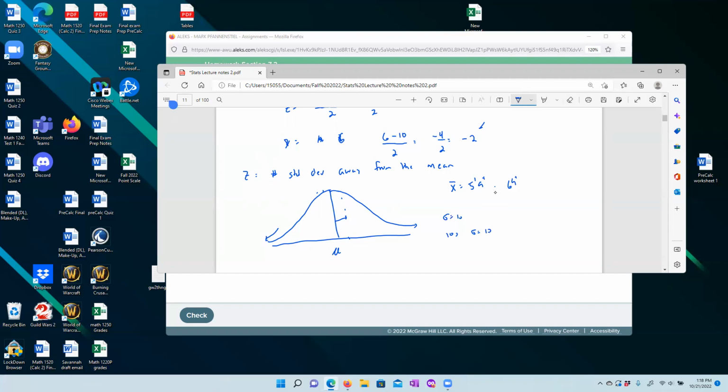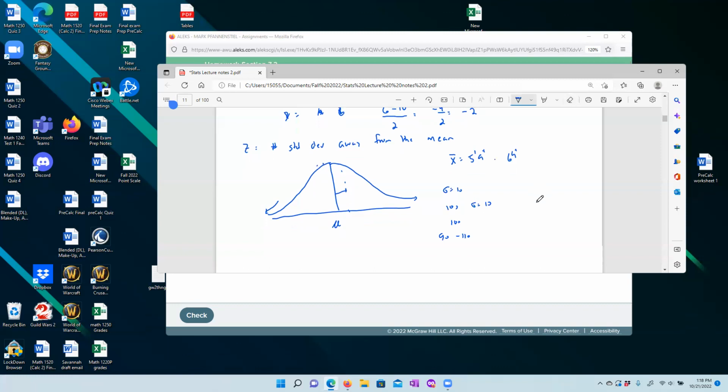From 90 to 110 there's going to be a lot of people. From 80 to 120 there are still a lot of people, but how many people have IQs bigger than 120 or less than 80? The farther away you get from the average, the fewer people fall into that range.